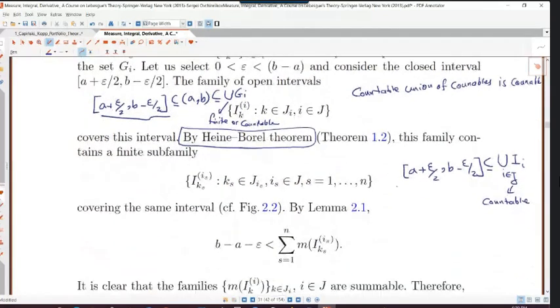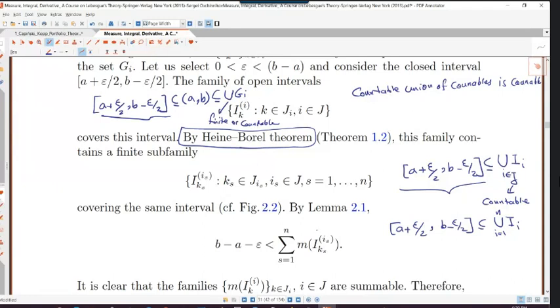So this closed interval from A plus half epsilon to B minus half epsilon is covered by a finite subcover of these I's. For example, A plus epsilon over 2 to B minus epsilon over 2 is the subset of some intervals, without losing generality, I from 1 to n, for example.